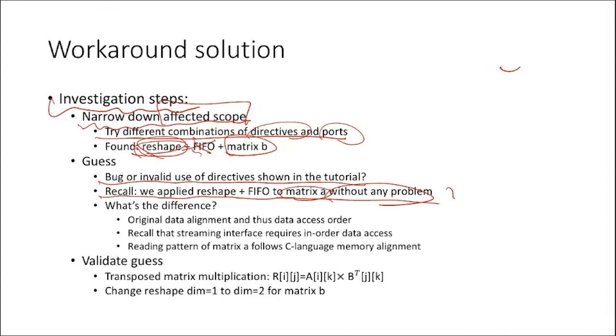If you reshape matrix A, only the matrix. So I'm a software guy, so I try to guess what's the difference. Why can we apply this to matrix A, but we encounter a problem with matrix B? Maybe it's related to the original data alignment and therefore its access order.